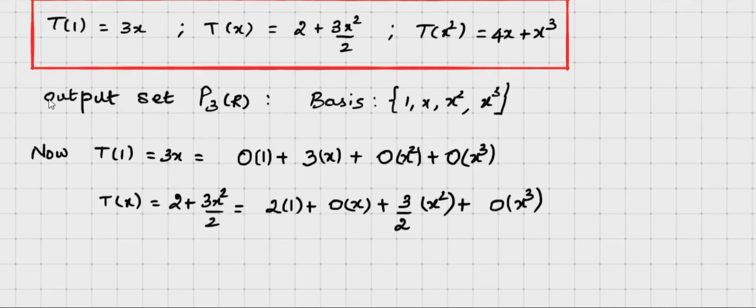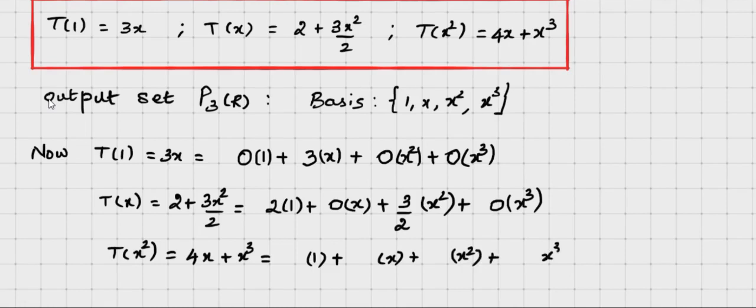Okay. Now the next step, T of x square. What we have derived is 4x plus x cube. So the linear combination will be like this. Again the same thing, 1, x, x square and x cube. I am just going to fill the coefficients. Here there are no constants, so nothing will accompany 1.